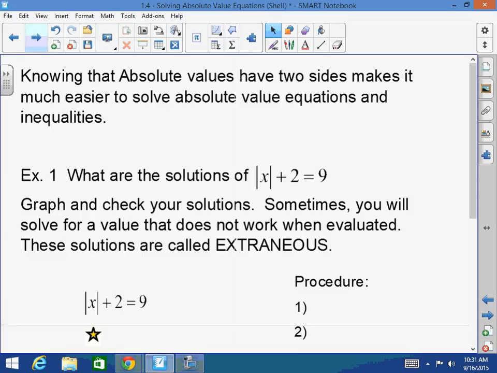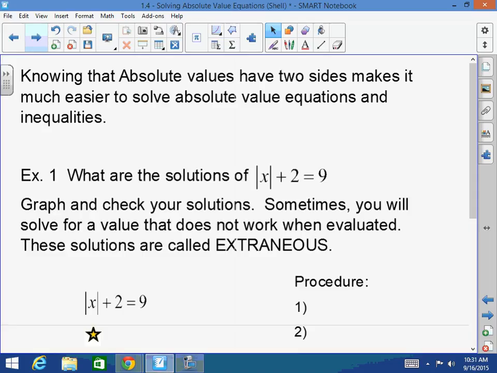For example, what are the solutions of the absolute value of x plus 2 equals 9? Graph and check your solutions. You have to check your solutions because sometimes, gentlemen, you will solve for a value that does not work when evaluated. So you'll get an answer, but when you plug that answer back in, it actually does not make the statement true. It does not fulfill the equation.